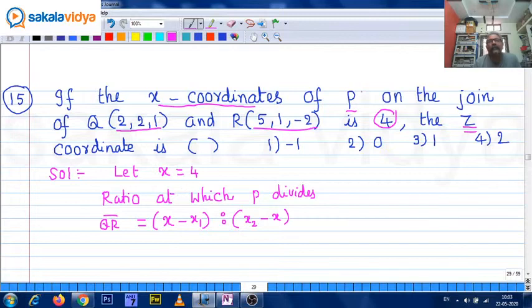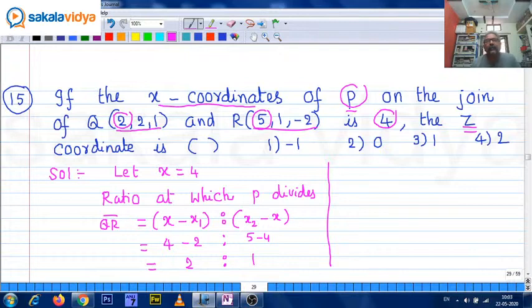X coordinate of P given, that is 4. Substitute here, we get 4 minus x1 is 2, x2 is 5, 5 minus 4. That means 2 is to 1. That means now we need to divide the QR in the ratio 2 is to 1 so that we get the P coordinates. Only we need z coordinates, that's all.